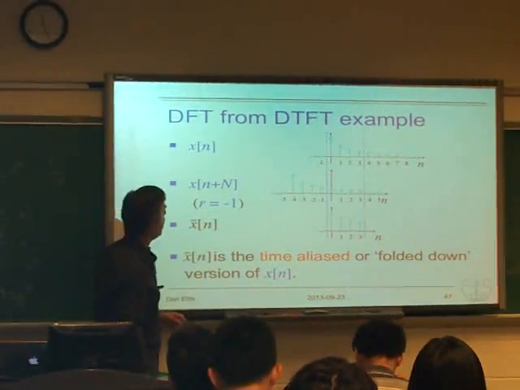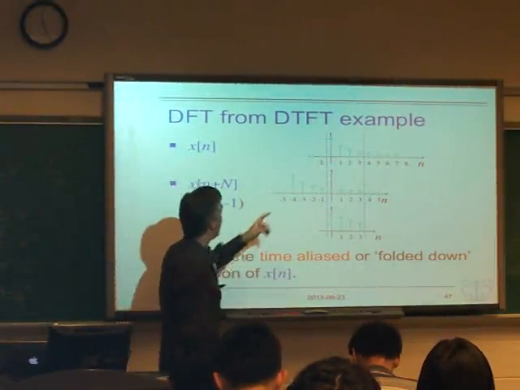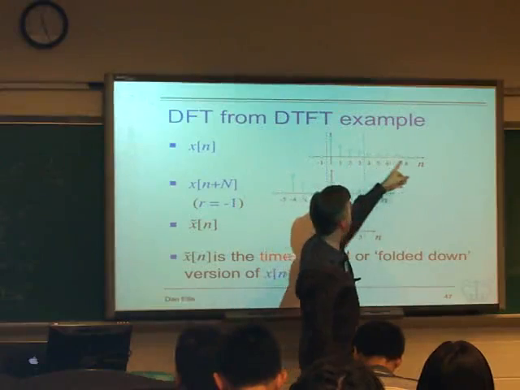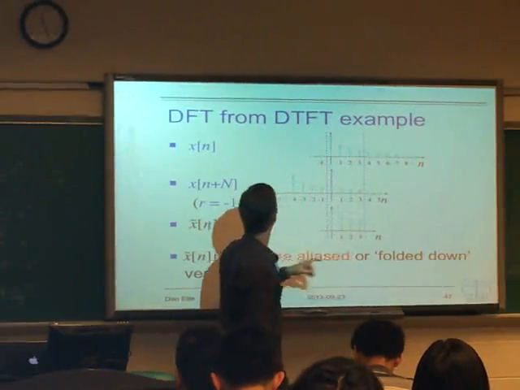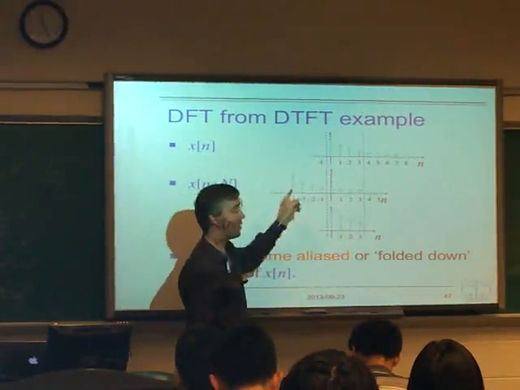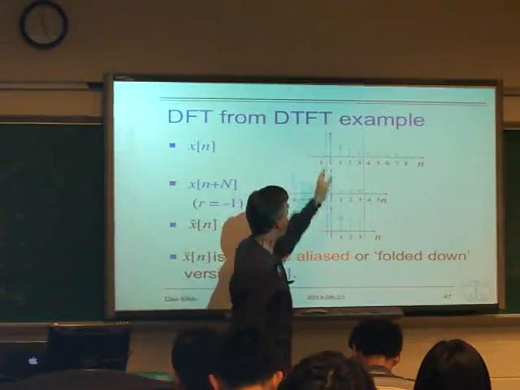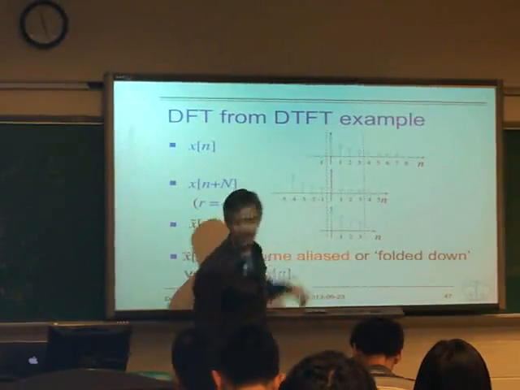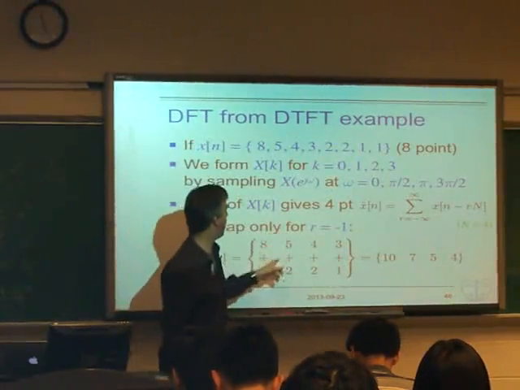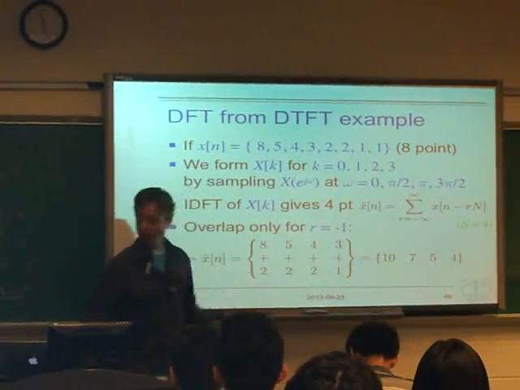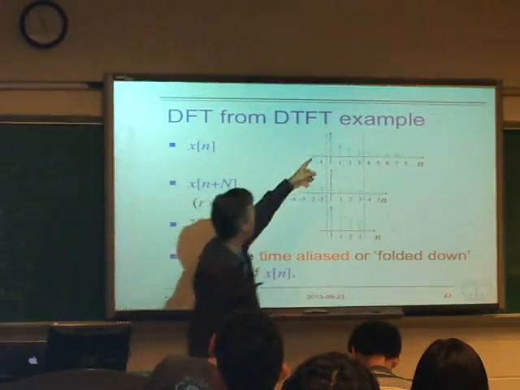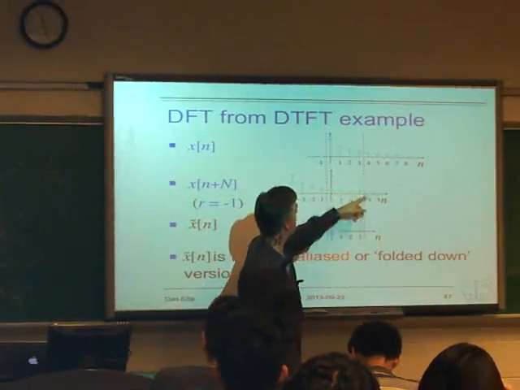So graphically, this is our original x of n with its 8 non-zero values. Here it is shifted by 1 block of 4 points, in this case shifted back, so we have the second set lining up. From this slide, the top one is the 8543, the bottom one is the 2221.